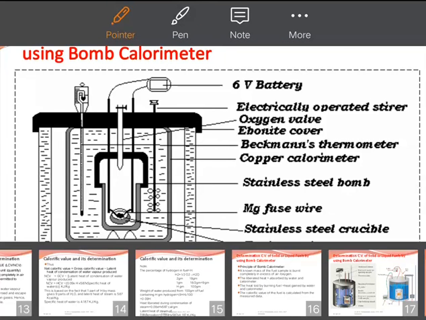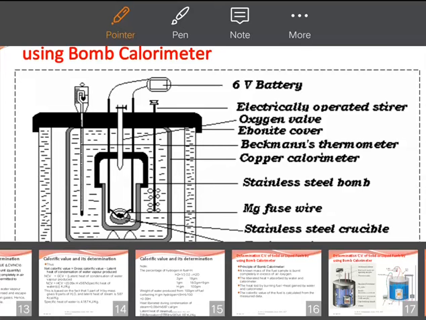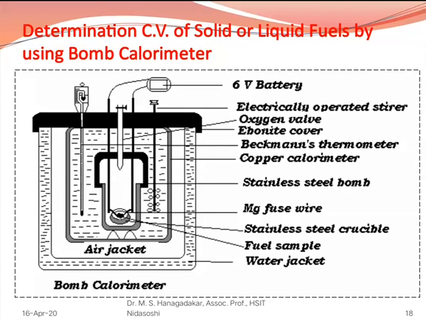Then this bomb apparatus is placed in a copper calorimeter containing a known quantity of water, and the bottom of the bomb apparatus is supported by a supporter made of plastic.